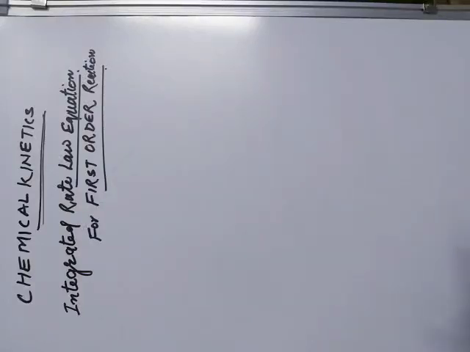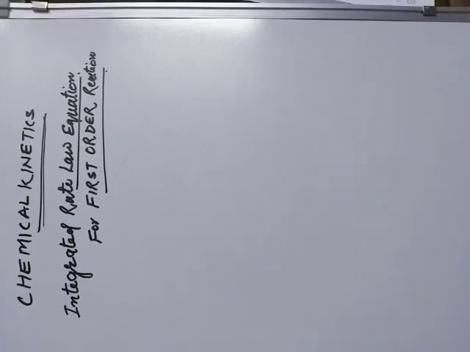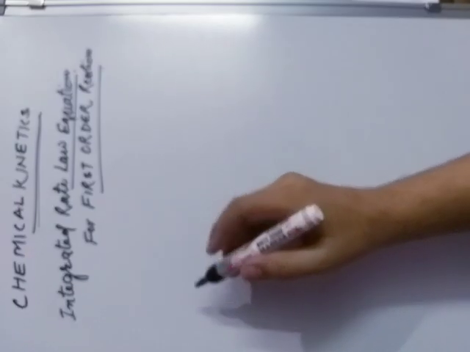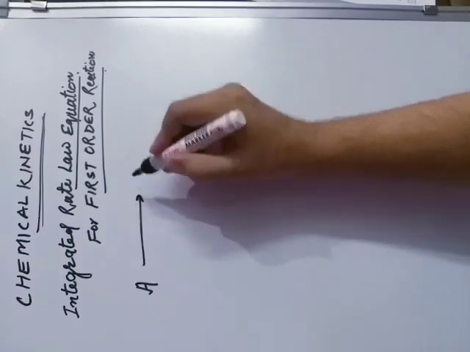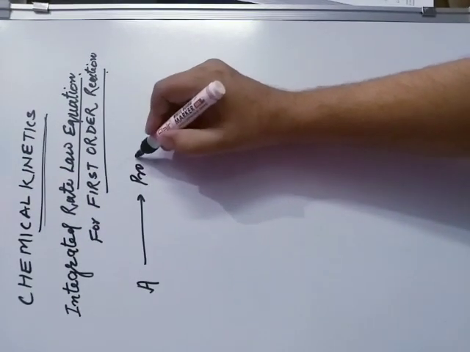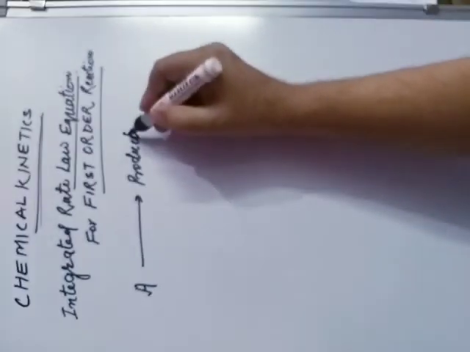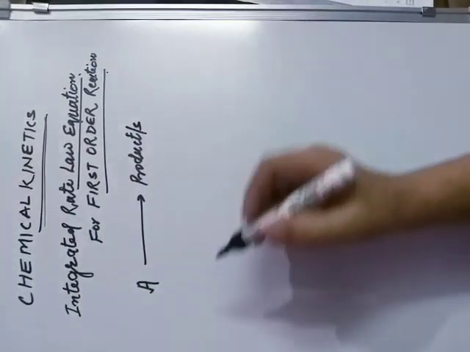Hello guys, this is the fourth video of chemical kinetics, and in this video we are going to discuss the integrated rate law equation for first order reaction and also the relation with half-life and rate constant. Here A is reactant and it converts into product or products.